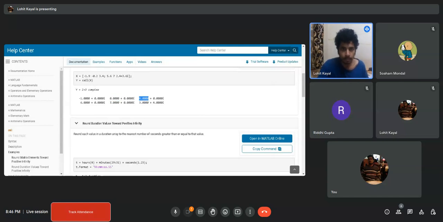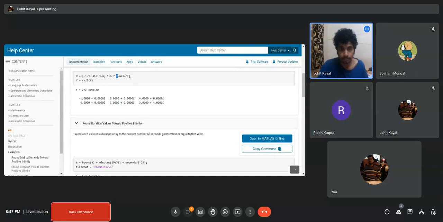Again, in case of minus 1.9, it will push you up, that means it will become minus 1. In case of 5.6, it will become 6. In case of 7, it will be 7, but if you put 7.01, it will be 8.